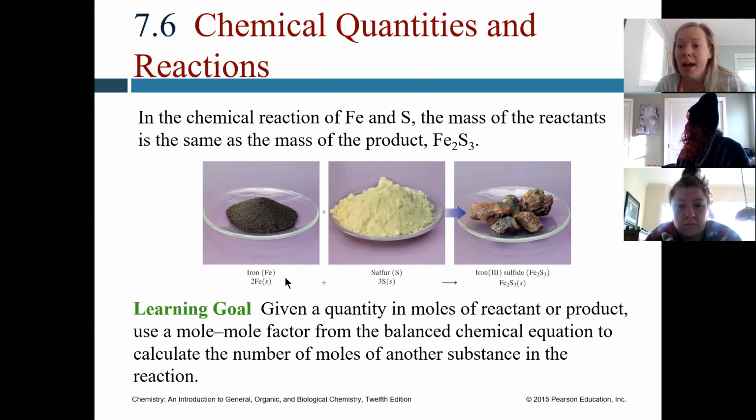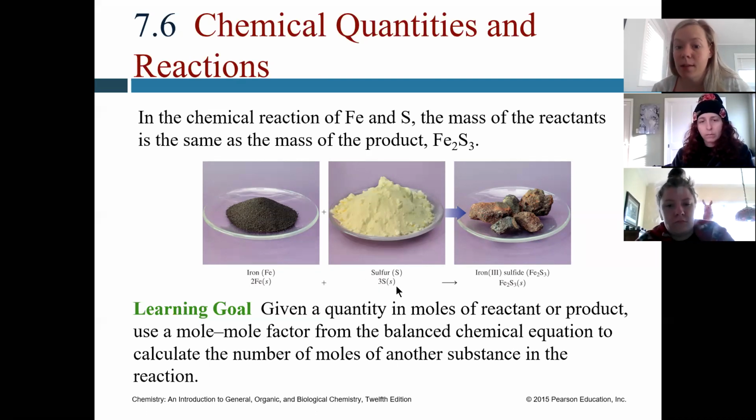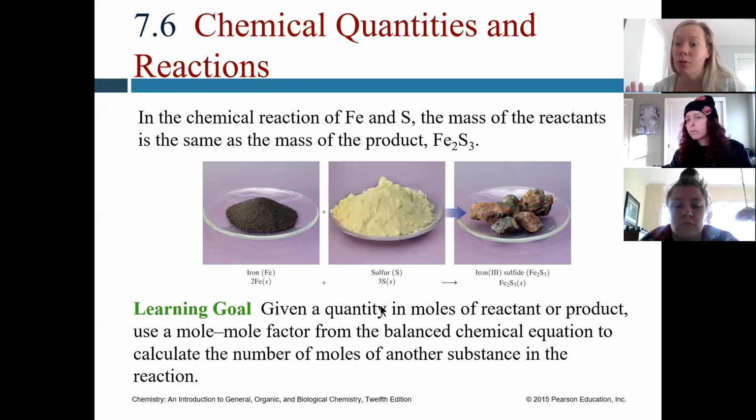When we balance that out, the balanced equation, which you can write out, is 2 iron plus 3 sulfur will give us Fe2S3. And the coefficients sitting in the front will allow us to preserve the law of conservation of mass, right? So if I have 2 irons at the end here, I've got to have 2 irons in the beginning. If I've got 3 sulfurs, I also have to start with 3 sulfurs in a chemical reaction.